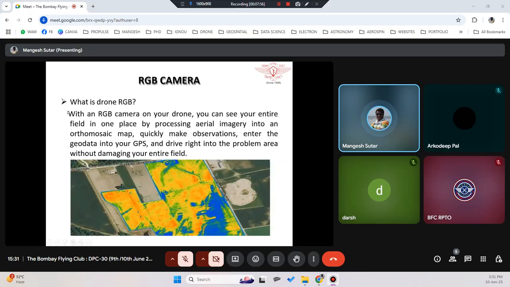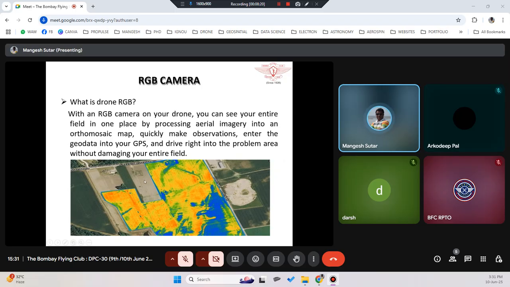So a drone RGB is a camera. You can see your entire field in one place by processing aerial imagery into an orthomosaic map. To create an orthomosaic map, you need software. Photogrammetry software is required, and that software converts your normal RGB camera images into orthomosaic maps, which give you a complete picture of the status.